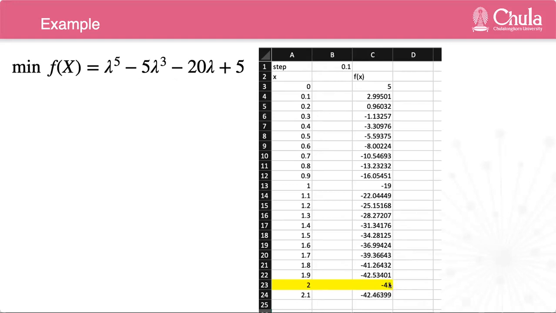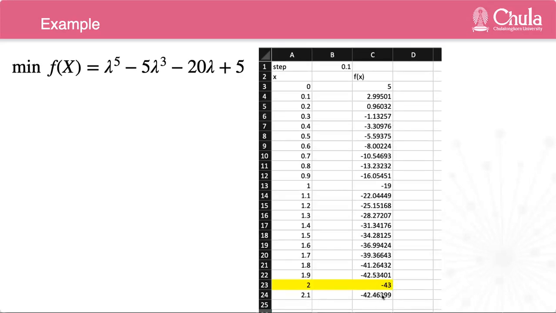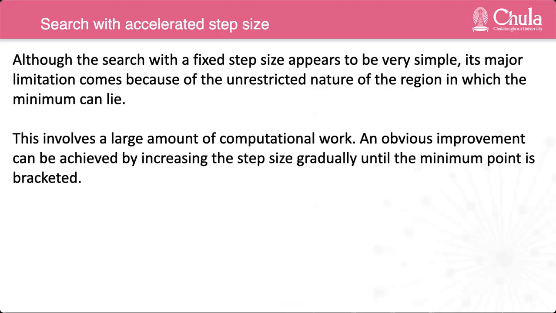So the minimum point should lie between 1.9 and 2.1, somewhere around this area. Then we can narrow the area of interest.